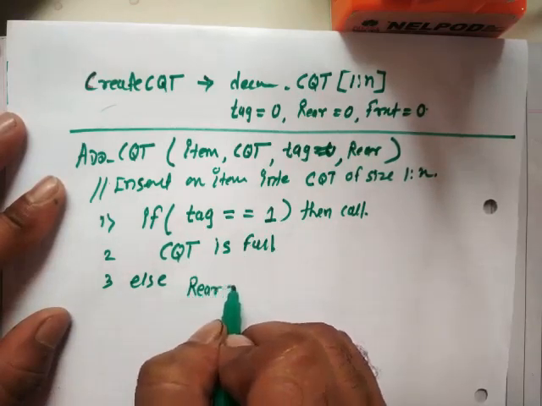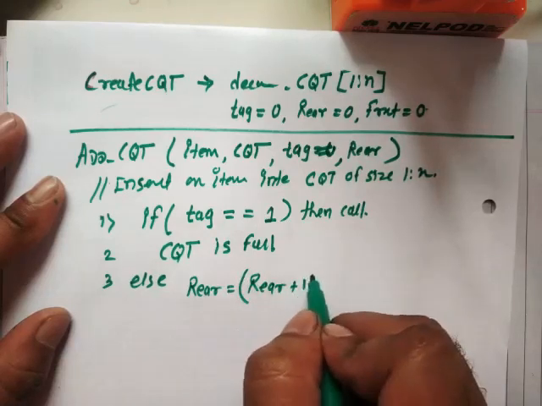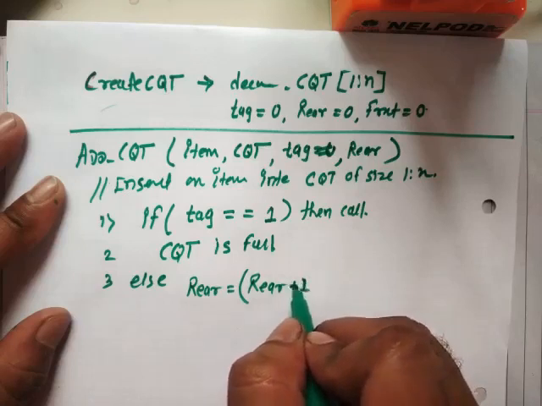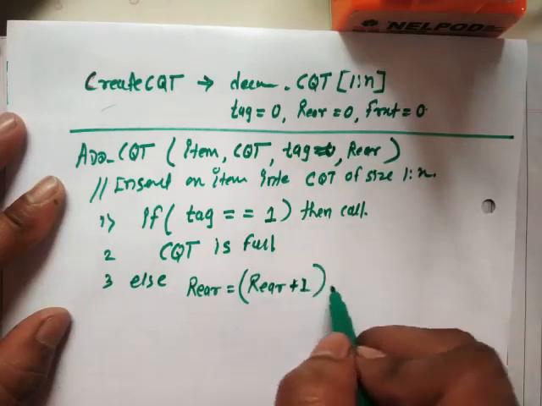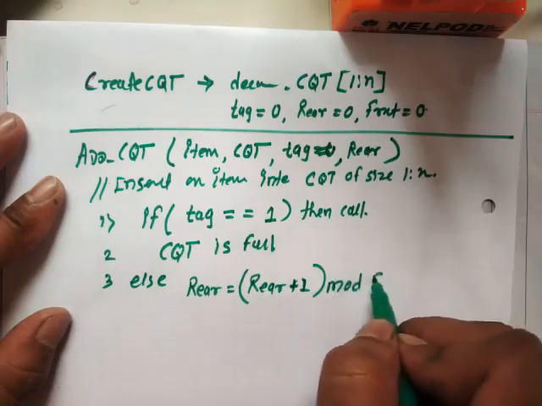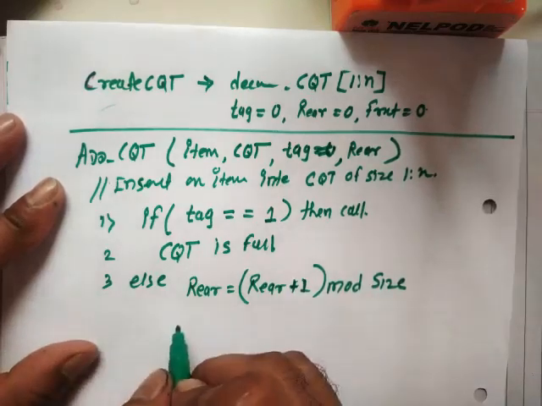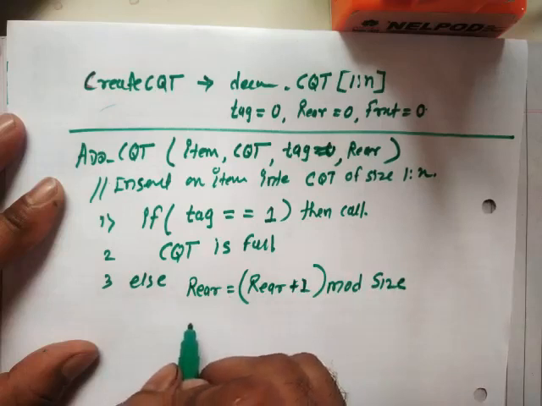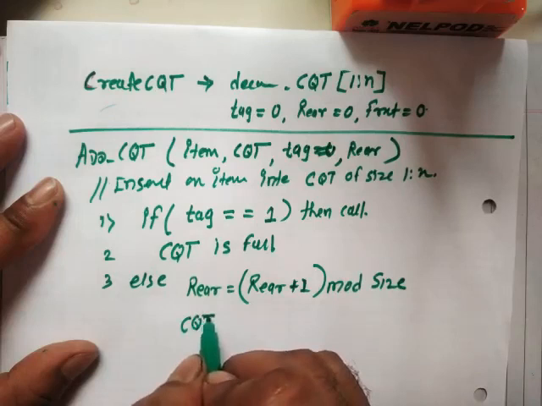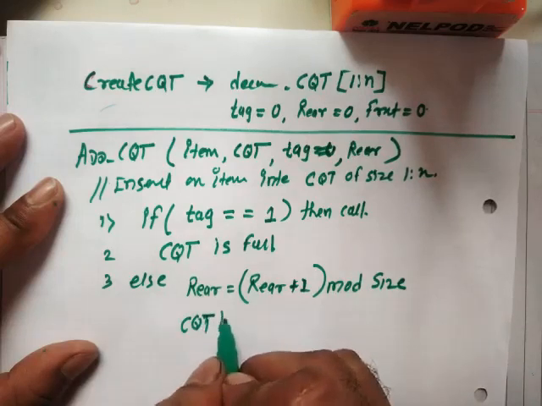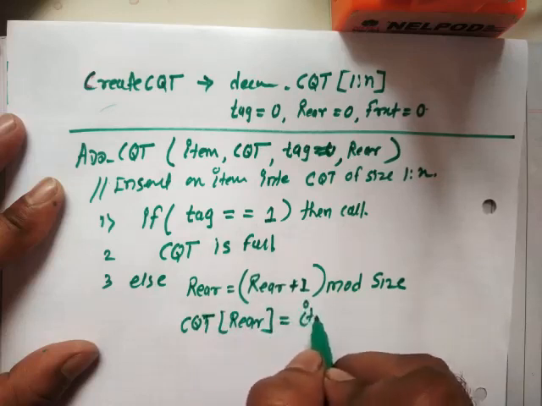So rear is equal to rear plus 1. We use the same formula which we used in a circular queue without tag: rear equals rear plus 1 mod size. Then at that rear position of the circular queue array, we insert that atom.